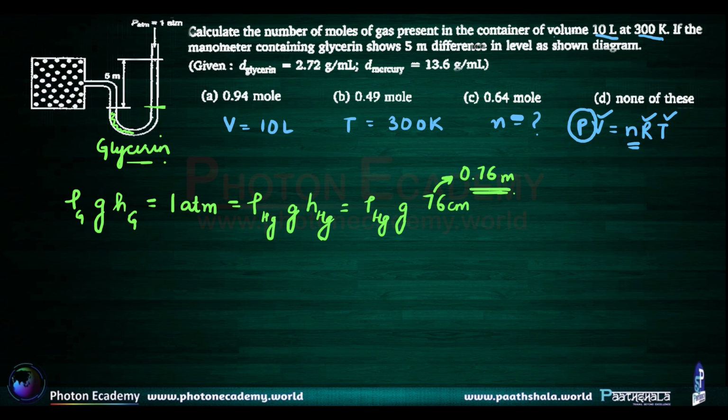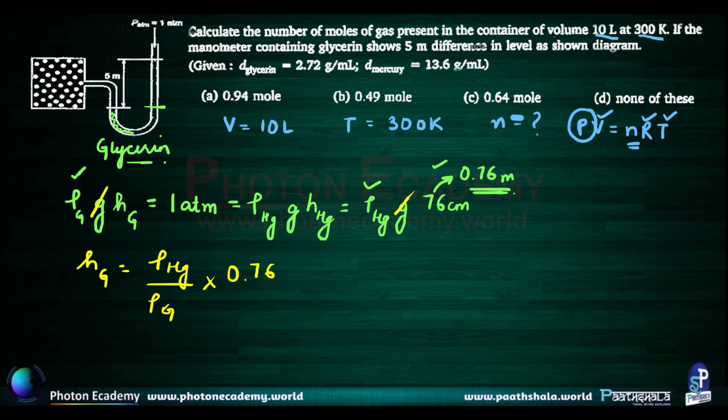Now we have been provided with ρ_G, we have been provided with ρ_Hg, and we know the height of the mercury column. g gets cancelled out from both the sides. So now the height of the glycerin column for 1 atm would be equal to ρ of mercury divided by ρ of glycerin times 0.76.